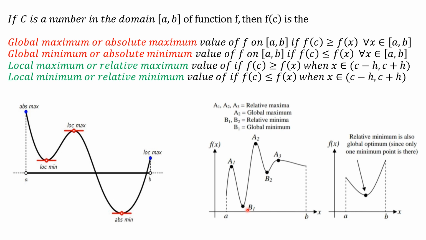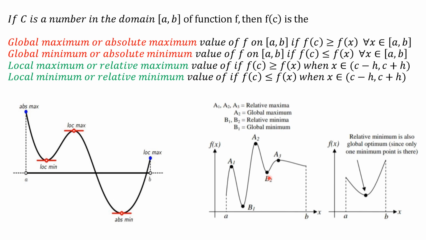But these 2 points B1 and B2, which are downwards, can be named as minima. But the question arises that these may be local maximas. Okay, A1, A2, A3 are local maximas. B1 and B2 are local minimas.